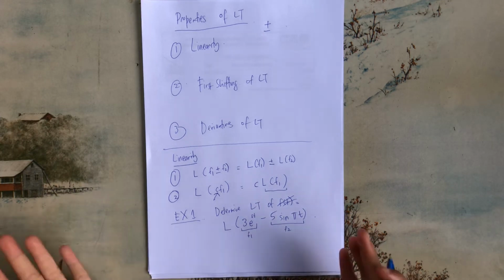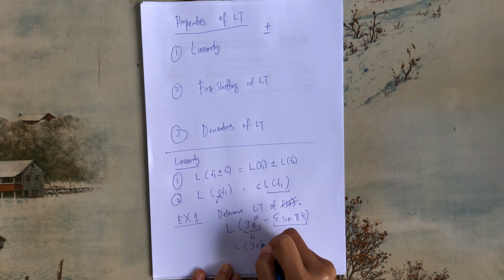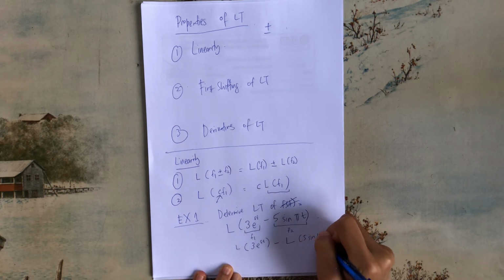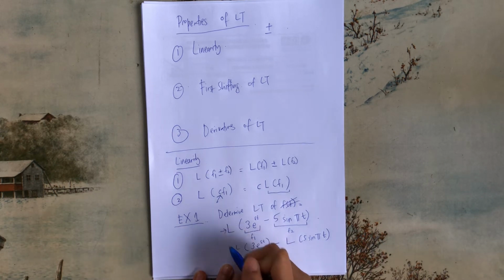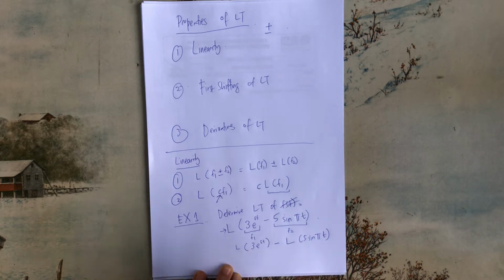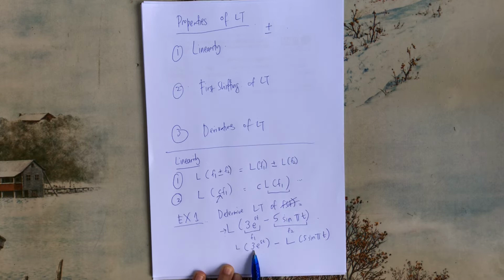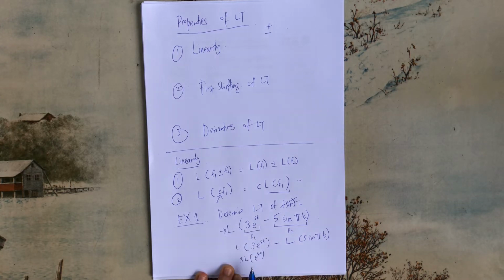By using the linearity property, we split it first. It becomes the Laplace transform of 3e^(8t) minus the Laplace transform of 5 sin(pi t). Now by applying the second property, because we have scalar multiplication here, we have 3 and we have 5, we just take out the 3. We are left with the Laplace transform for e^(8t).